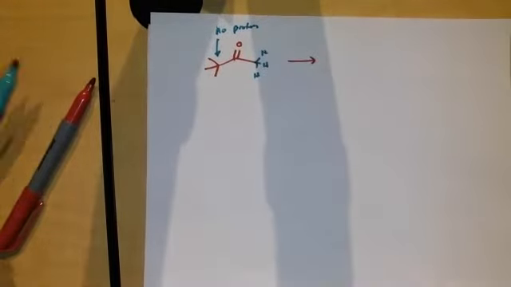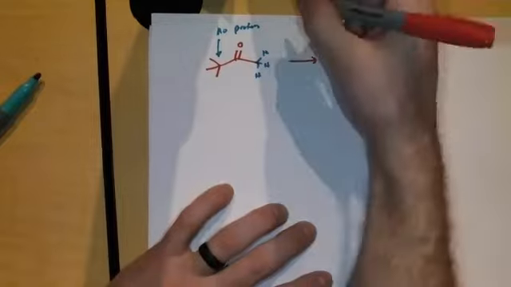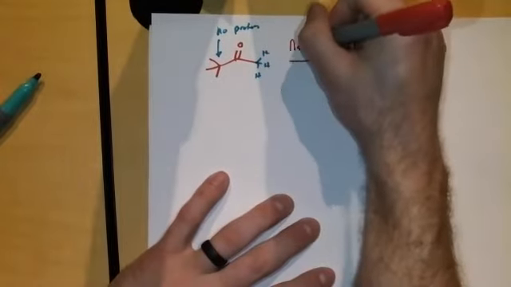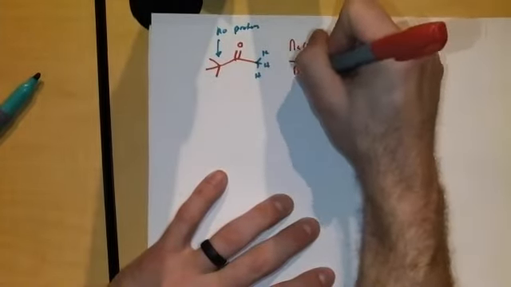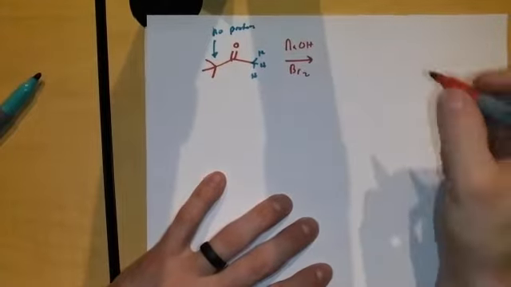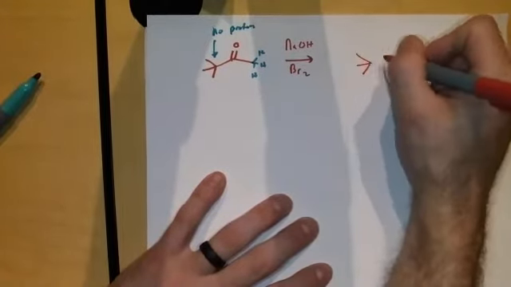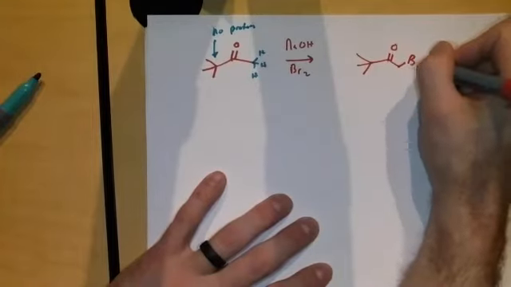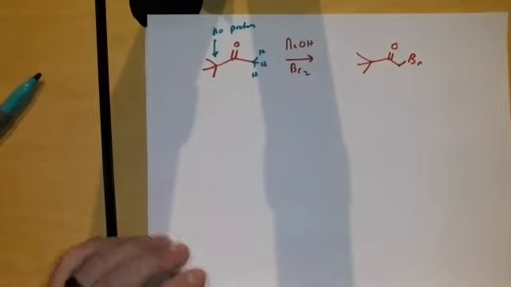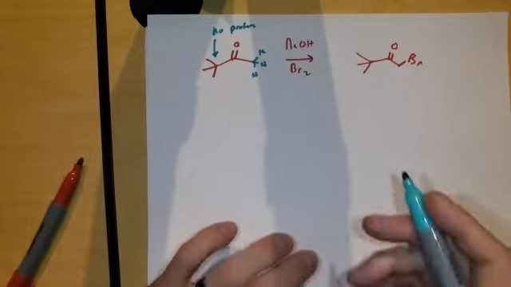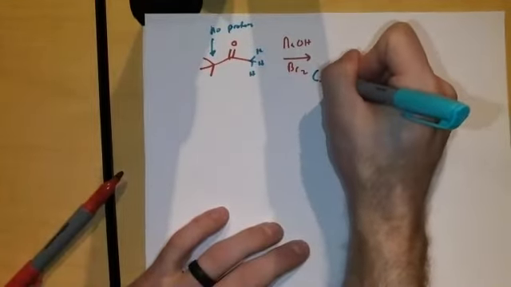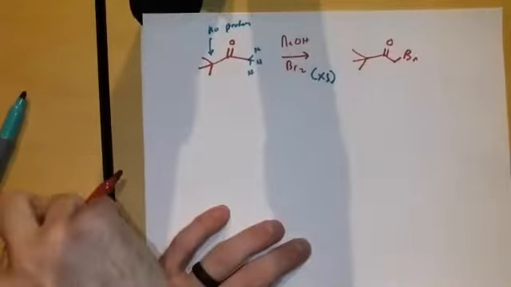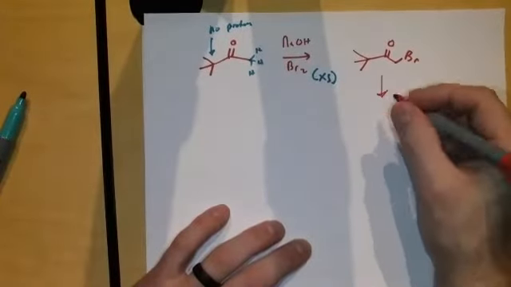I've got 3 protons over here. If I add in NaOH, Br2, I'm going to brominate. If I added an excess, I'm going to end up tribrominating.